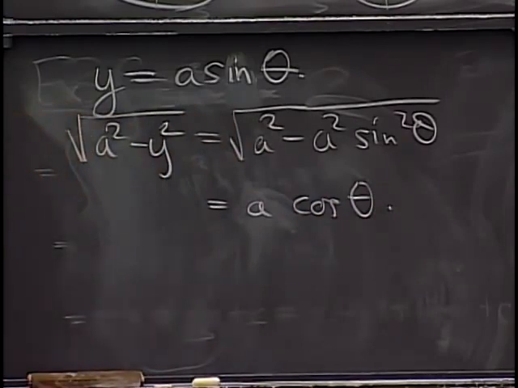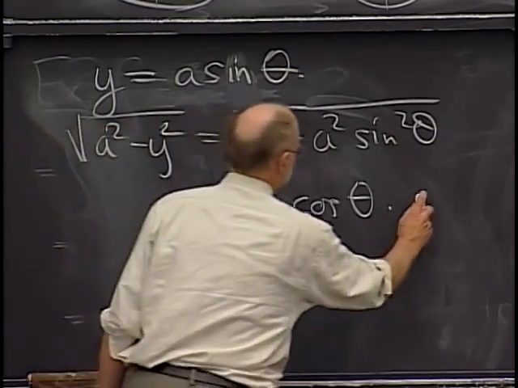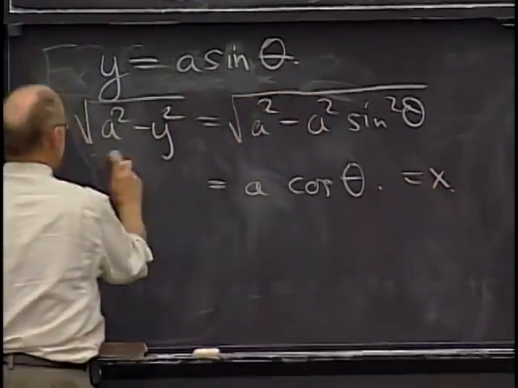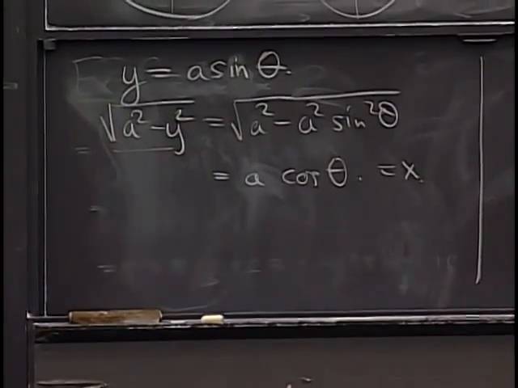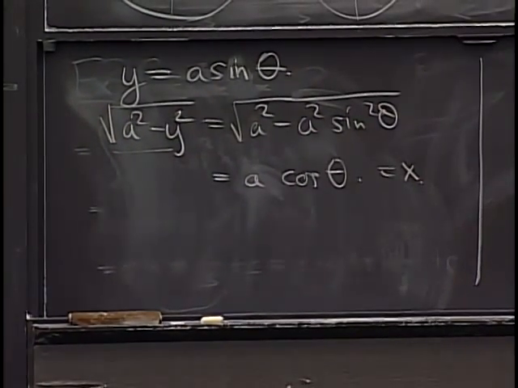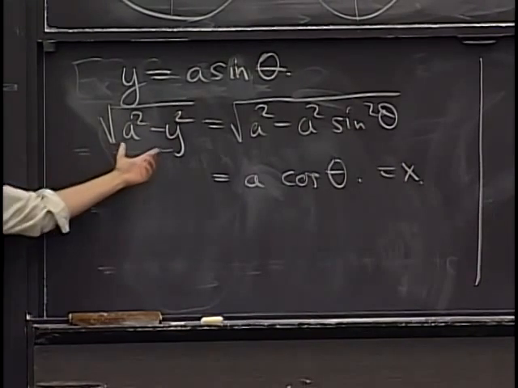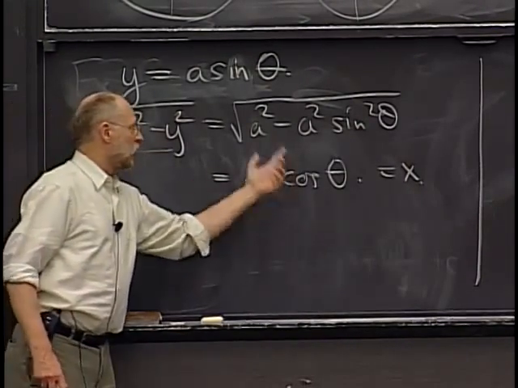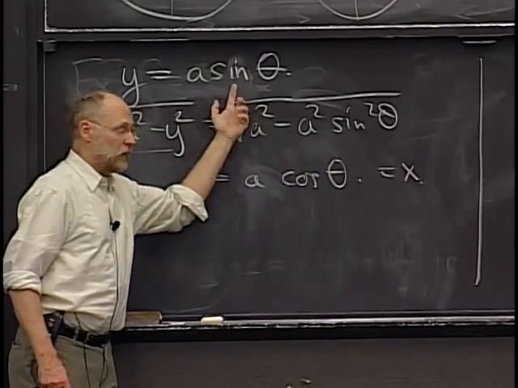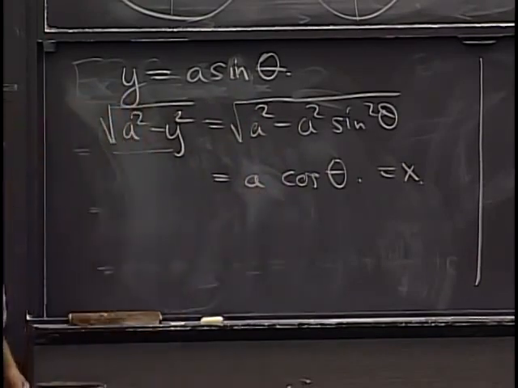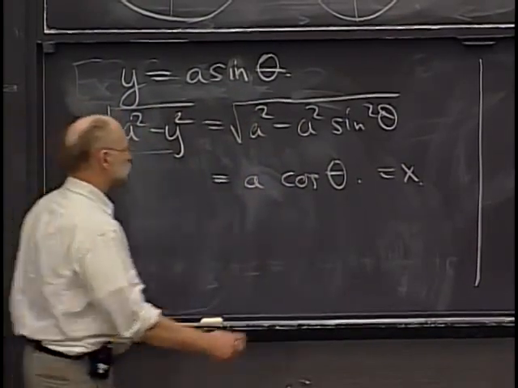That's just sine squared plus cosine squared equals 1 all over again. It's also x. So there are a lot of different ways to think of this. But no matter how you say it, the thing we're trying to integrate, the square root of a squared minus y squared, under this substitution, is a cosine of theta.